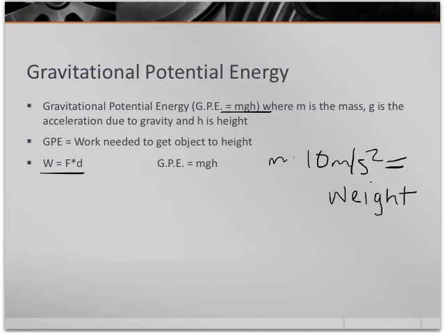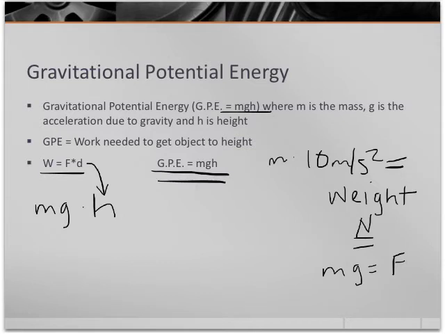And the units for weight are always newtons, which means mg is a force. So you could be sitting here thinking that your force is your mg, and then height is a distance up and down, so that's just another type of distance. So in this equation, mg is force, h is distance.